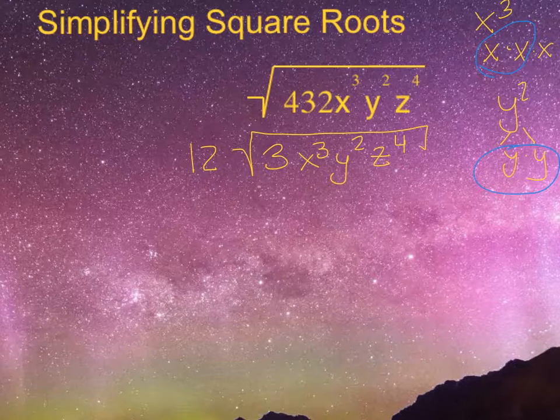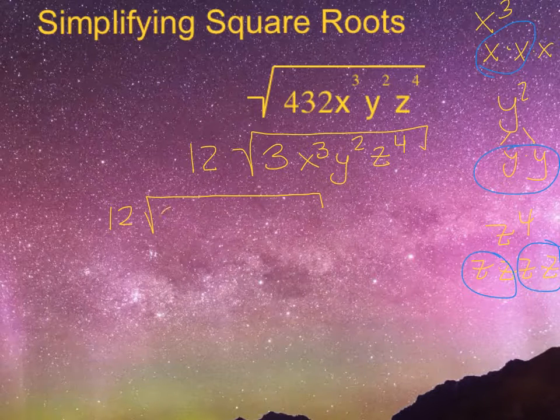And finally, we've got z to the 4th. Well, that's 4 z's multiplying each other. And that's a perfect square. We've got 2 pairs here. So let's take a look at this. We've got our 12 out front here. And we've got our square root of 3.